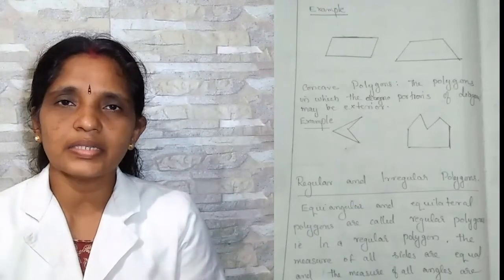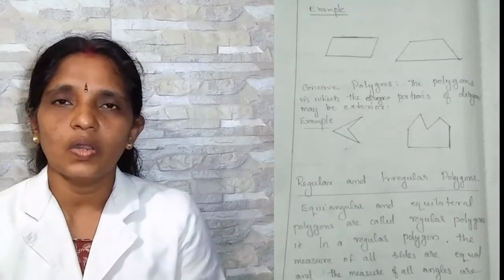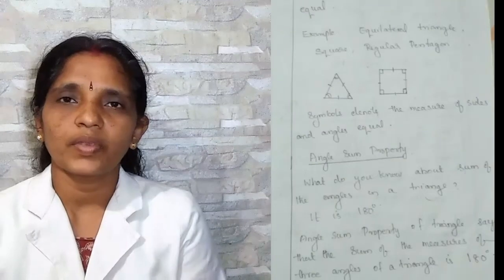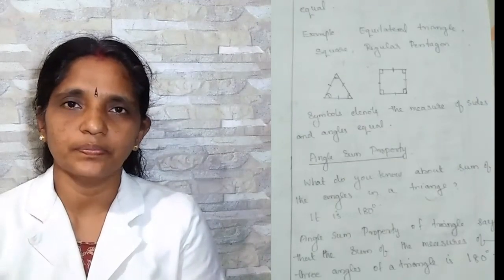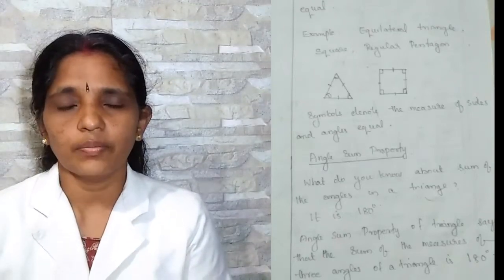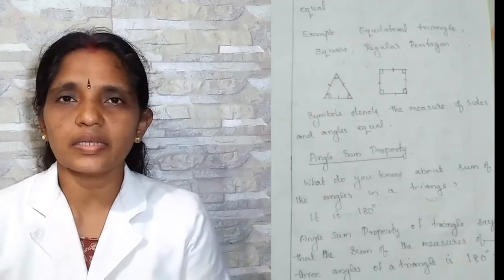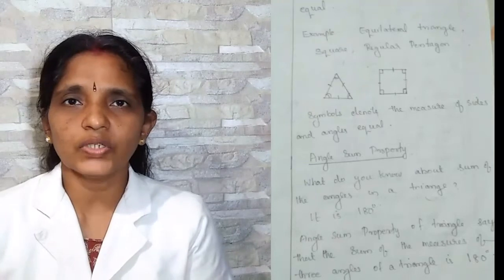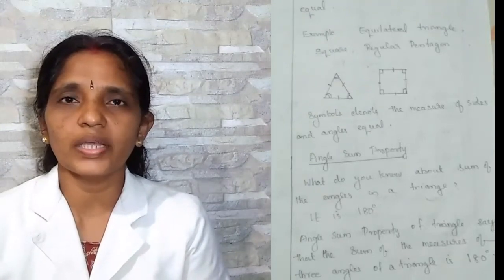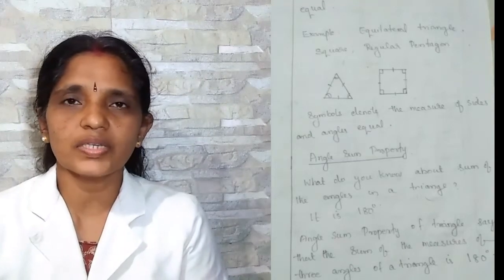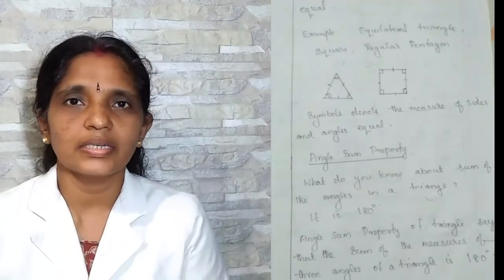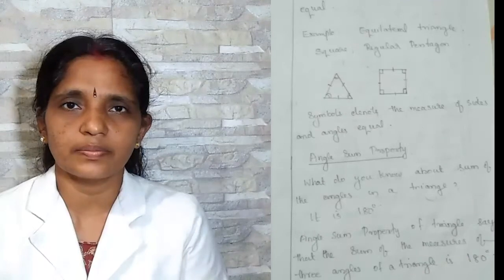Then next comes the angle sum property of polygons. Before we study the angle sum property of polygons, we should know what are regular and irregular polygons. A regular polygon, you have studied, has equal sides.